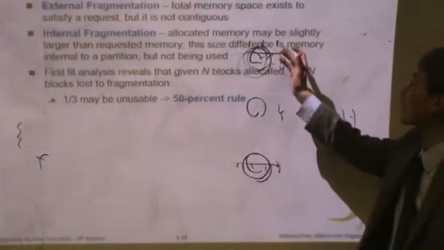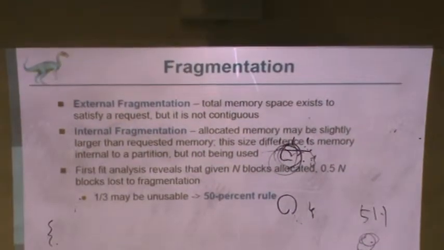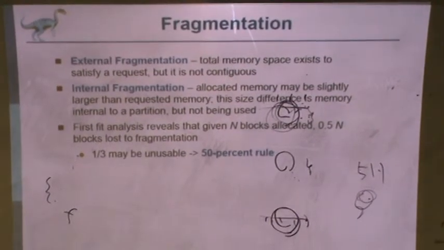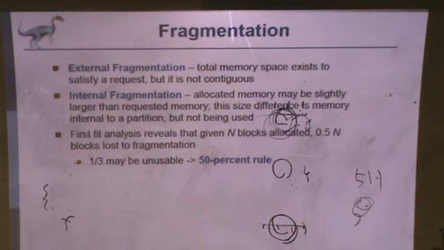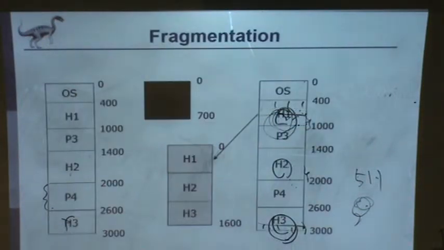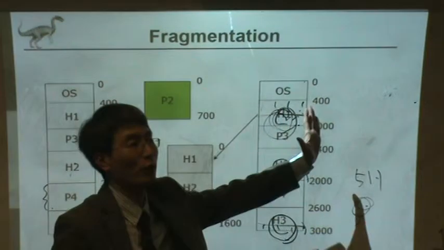So there exists external fragmentation and internal fragmentation, which means we cannot get the best utilization. So we need to address such a problem. Yes, that memory isn't utilized. If it is left over, we cannot use that one. For example, this approach is a contiguous approach. This is an example of fragmentation.